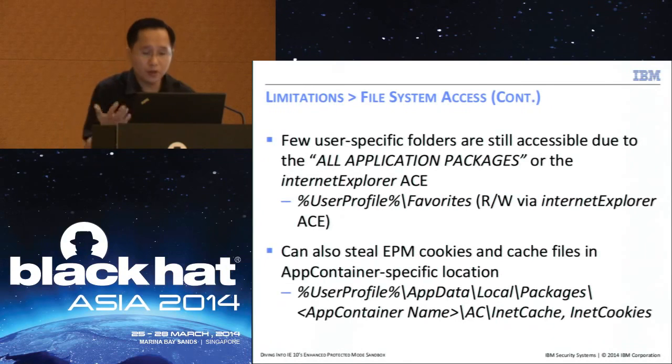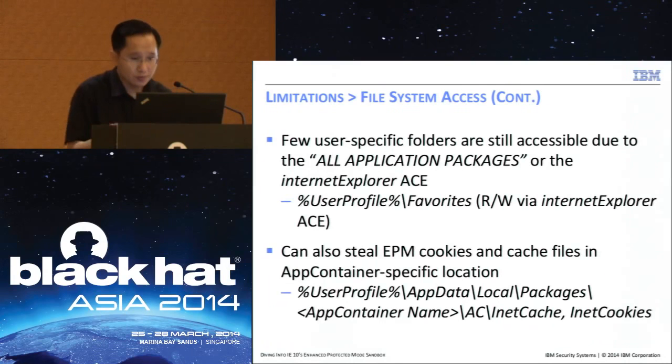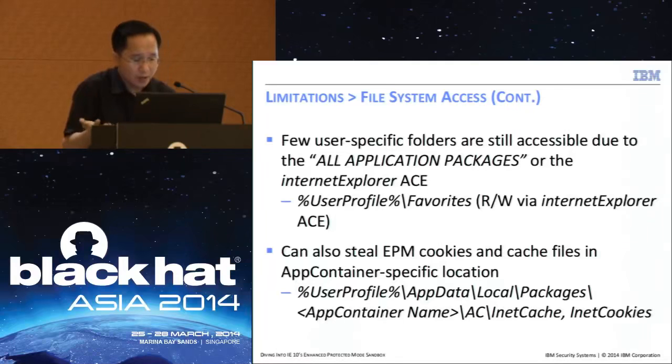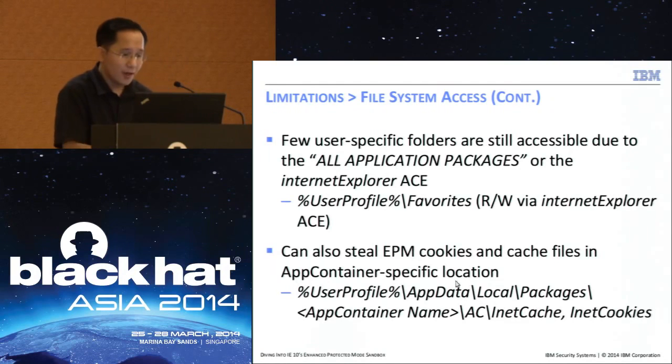There are also a few user-specific folders, those under the user profile folder, that can also be accessed because they have the all application packages ACE or the Internet Explorer capability ACE. An example of this, as I discussed before, is the favorites folders.